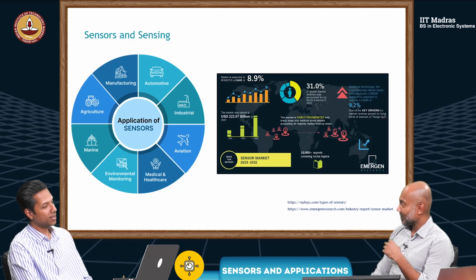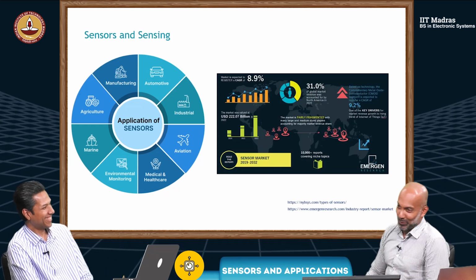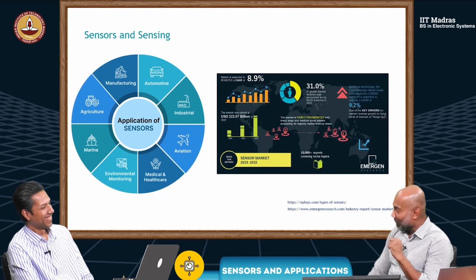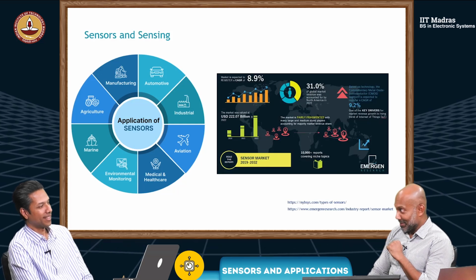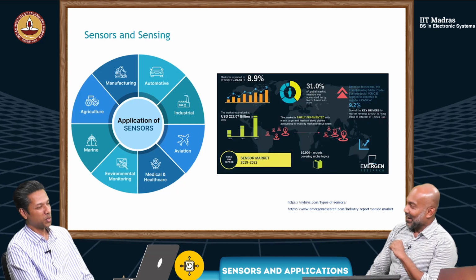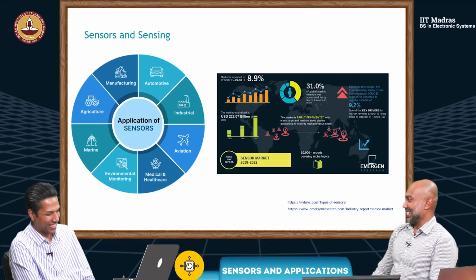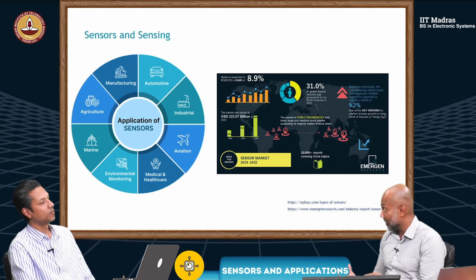These days it may be difficult to find someone who has never used a sensor. I think it's impossible. As we go along in this lecture, you'll see why. I would say it's an integral part of our lives, really.